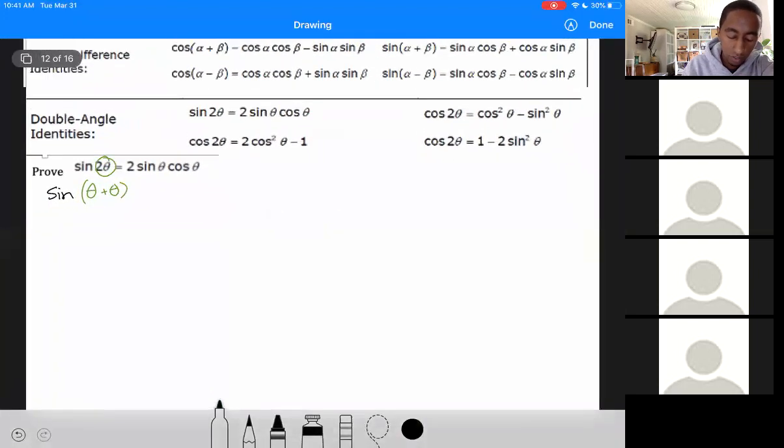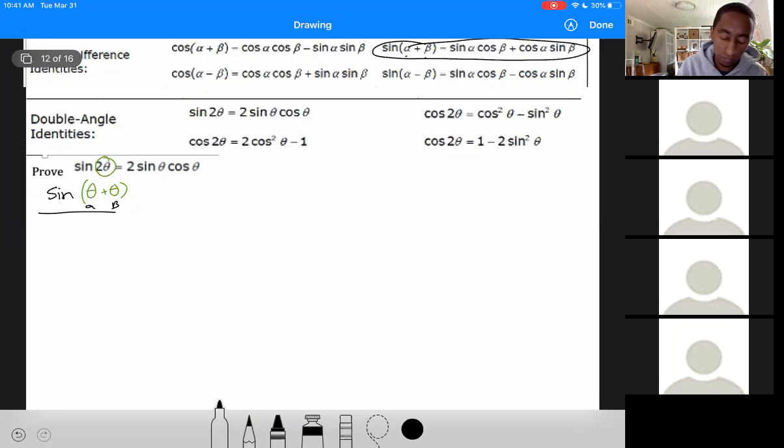Okay. Now, this then, we could use the sum identity for sine that we have up here. Okay. And alpha is going to be theta, and beta is going to be theta. Okay.